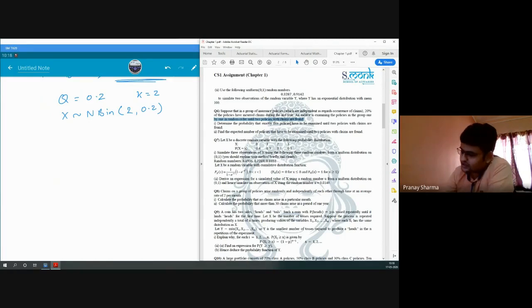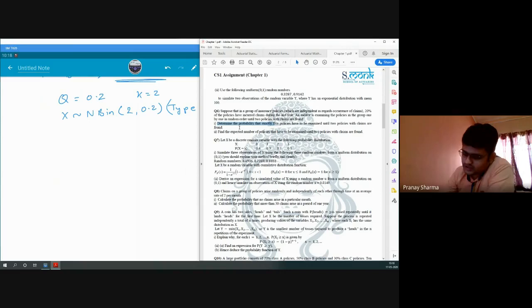And whether this is type 1 or type 2. We should first see the question. So we'll say determine the probability that exactly 5 policies have to be examined until 2 policies of claims are found. If the question was that we find 3 failures before our second success, then it would have been type 2.